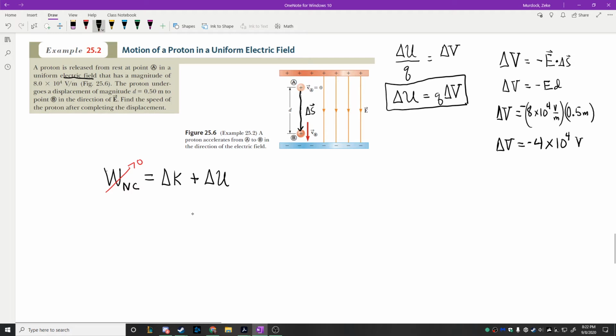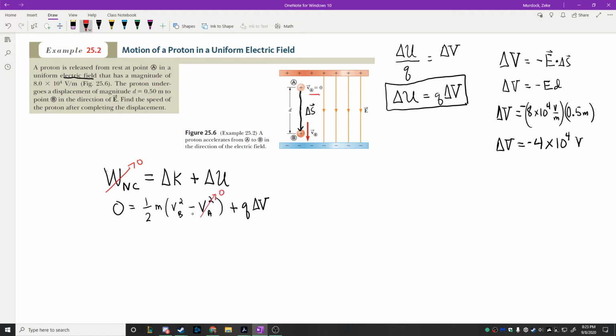All right, so let's fill out the rest of our equation then. The change in kinetic energy is 1/2 mass times the final velocity, which is called VB in this case, squared, minus the initial velocity, which is called VA, and then plus Q times delta V. We just straight up replace the change in potential energy in this problem with Q times delta V. We're also given the fact that VA is 0, so we can make that 0 right there.